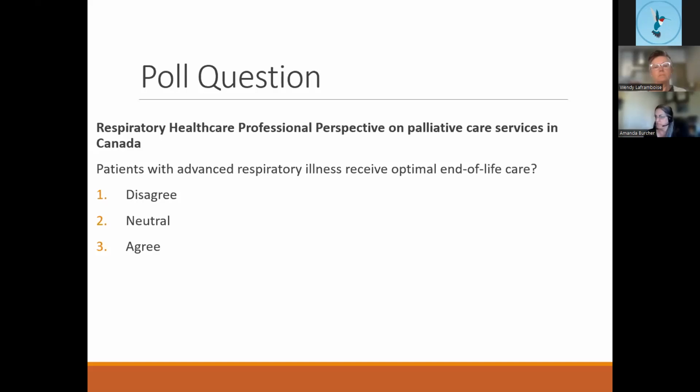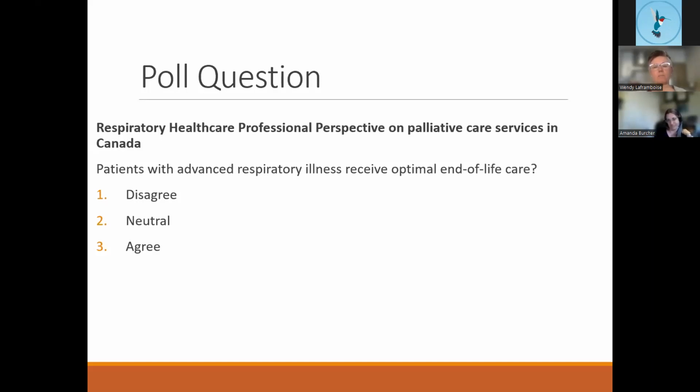Okay, it looks like we have almost everyone answering now, so I'll share it. We have 32 people, or 62%, saying they disagree. We have 14 people, or 27%, saying it's neutral, and 6 people, or 12%, saying they agree. Great.